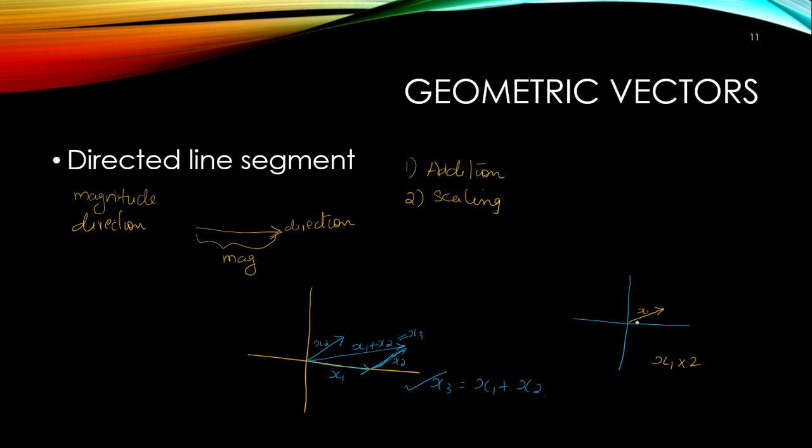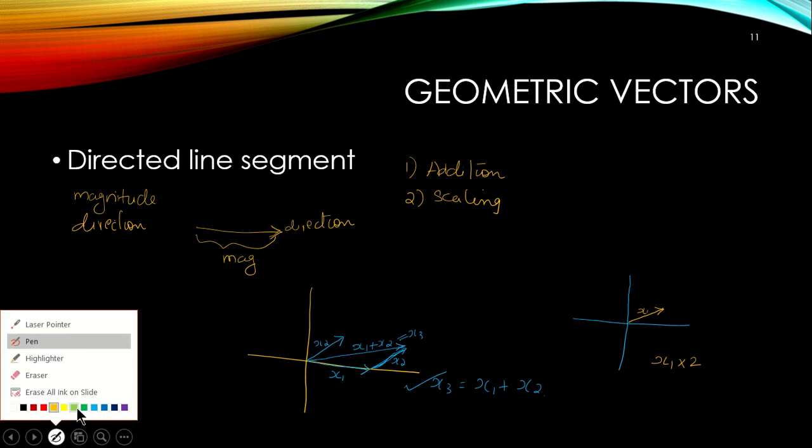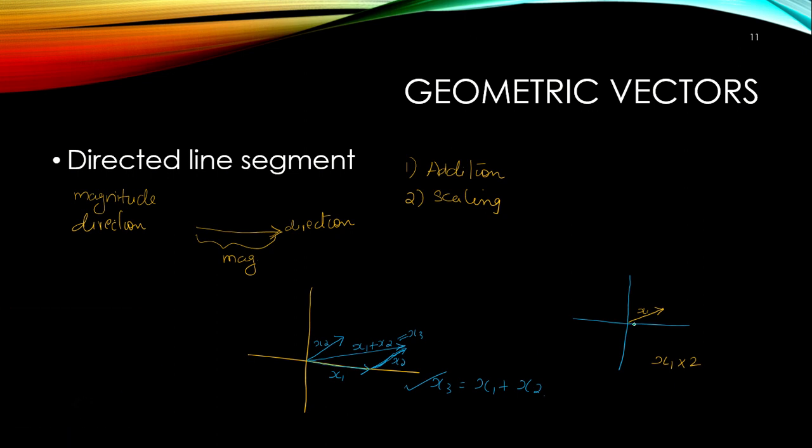So internally the length will be doubled, and the new vector will be like this. It has double the length of x1, so this entire one represents 2x1.